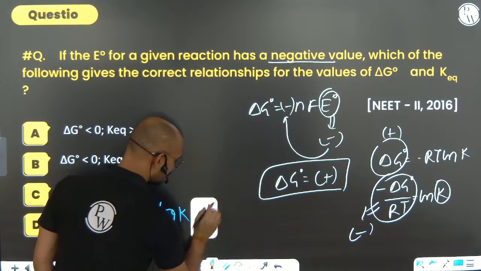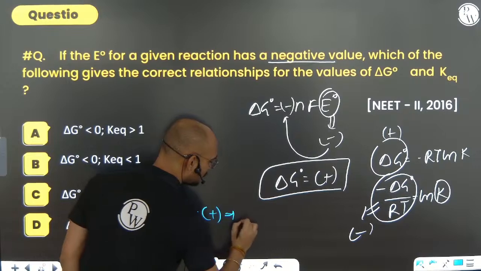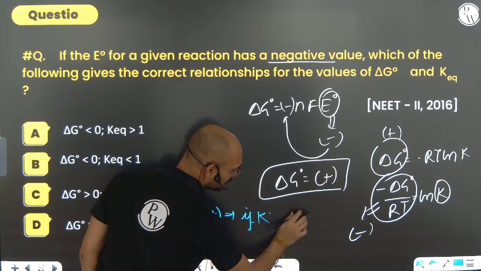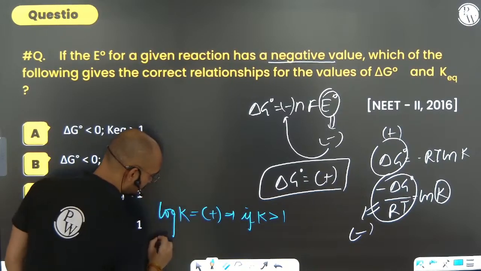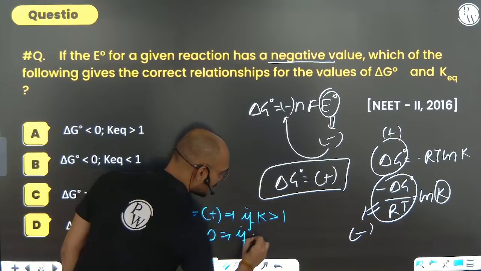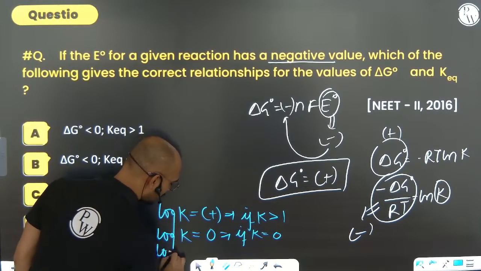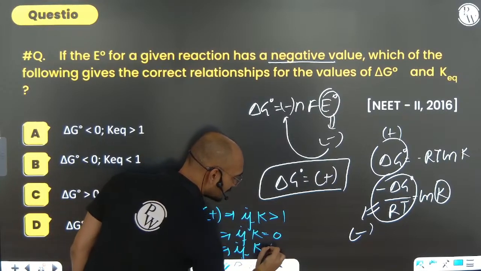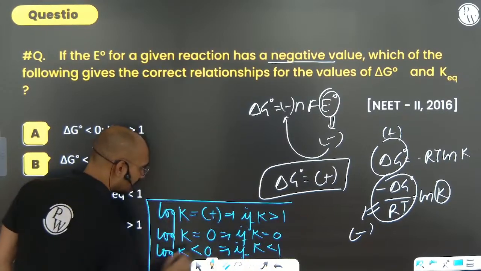If K is more than 1, log K will be positive. Log K is 0 if K equals 1, and log K is less than 0 if K is less than 1. Not a big deal. I hope you understand it.